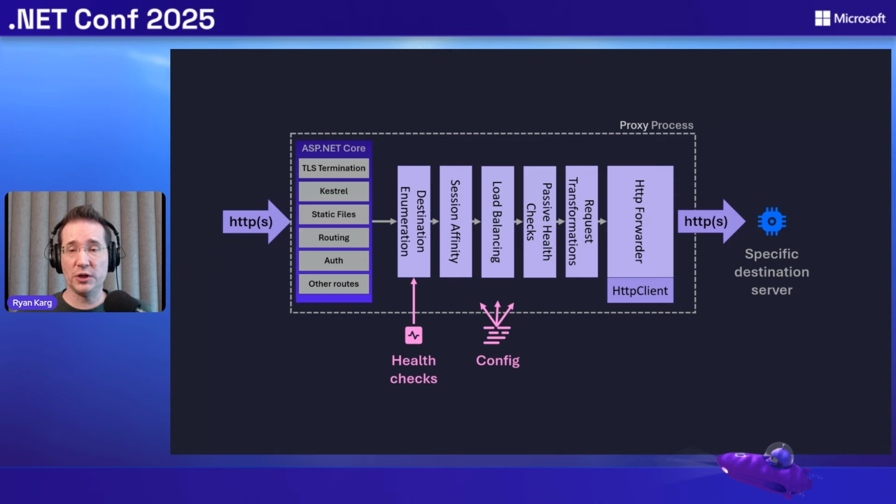So we're going to look today at how we've customized the configuration portion. But in addition to this, we also have our own implementations for health checks, for request transforms, and session affinity to fill other needs that we have with our proxies.